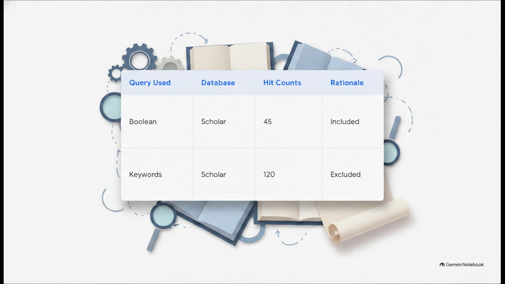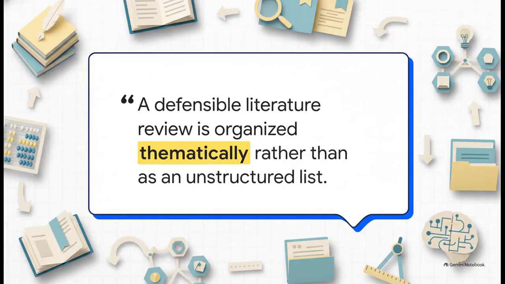You're going to record the exact query used, the database you searched in, the hit counts, like how many results it actually yielded, and your inclusion or exclusion rationale, meaning why certain papers made the cut and others didn't. This kind of strict documentation is the true backbone of research transparency. Keeping a search log directly connects back to the rigorous academic standards expected of you as an ELT researcher.